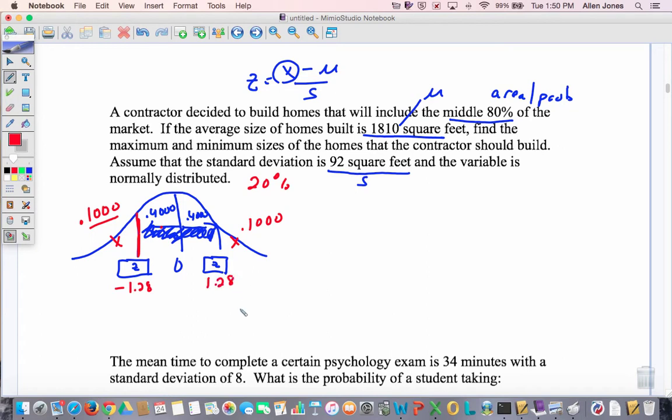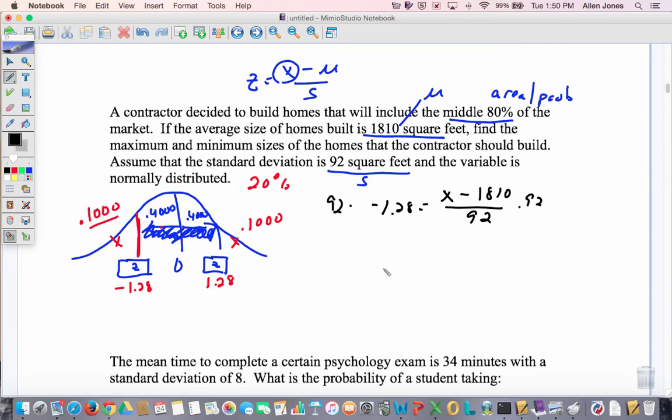The good news is, because we have 40% on each side, my curve is symmetric, so my z-score on this side is positive 1.28. So now taking that to my z-score formula, up here, my z-score is negative 1.28. I don't know the minimum value, but I know the mean is 1,810, and I know the standard deviation is 92. Let's go through the simple algebra on that.